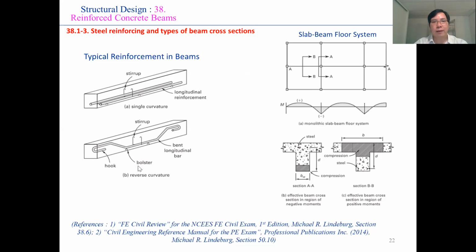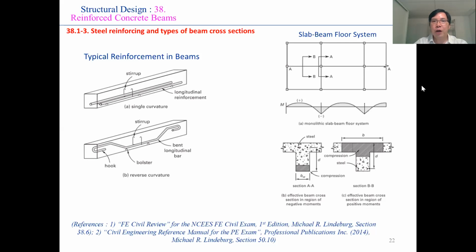You can see that in the first figure, there is longitudinal reinforcement for the bending loading, and also stirrups for the shear. And sometimes we need to deform the longitudinal reinforcement steel for the bending loading.